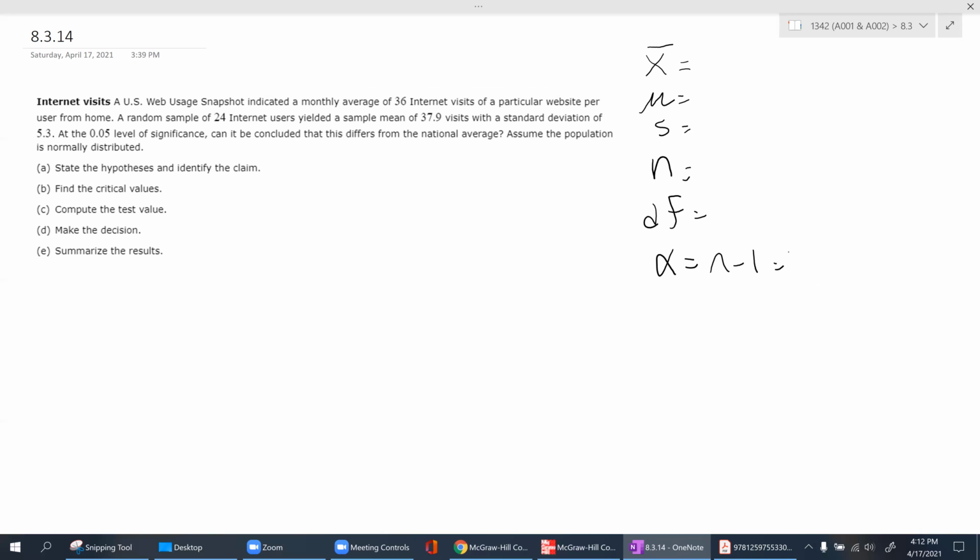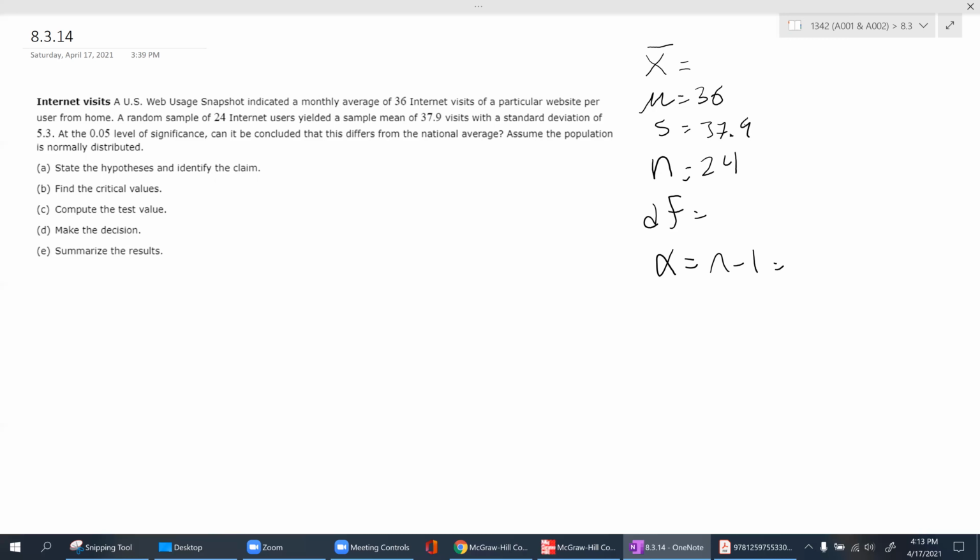A US web usage snapshot indicated a monthly average of 36 internet visits of a particular website per user from home. So let's go ahead and see. My mu is going to be 36. A random sample of 24 internet users yielded a sample mean of 37.9.